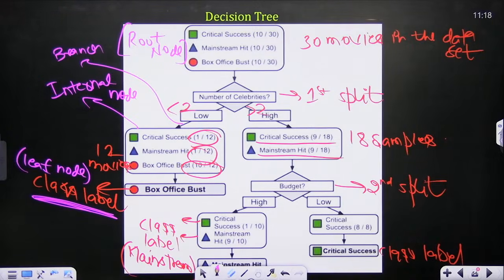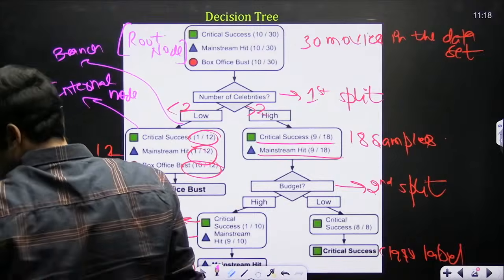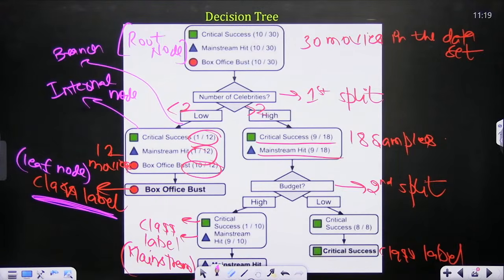Okay, now let us focus on how to decide the root node, leaf node and decision node. That means along which feature I should split.